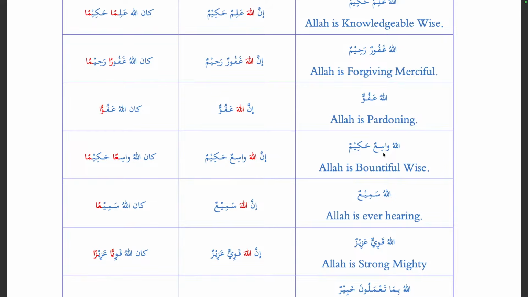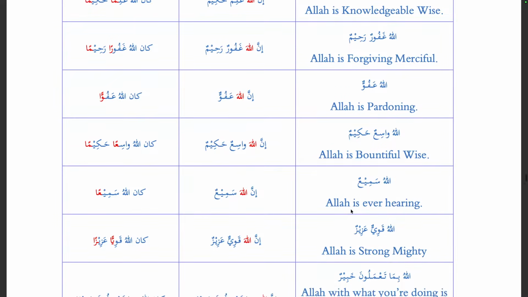Right? Allah is not narrow in his means and his provision. Inna Allaha wasi'un. Kana Allahu wasi'an. Allahu sami'. Allah is ever hearing, complete in his hearing. Inna Allaha sami'. Kana Allahu sami'an.